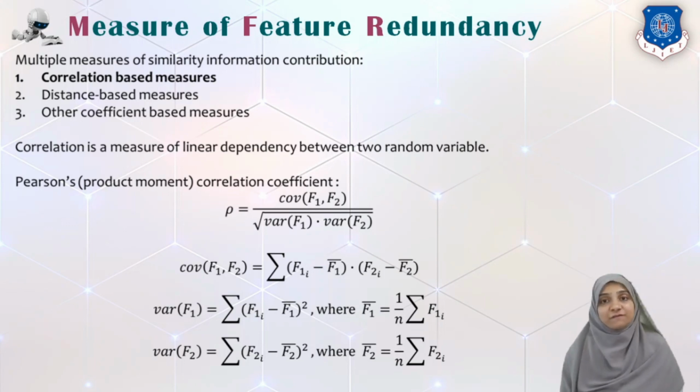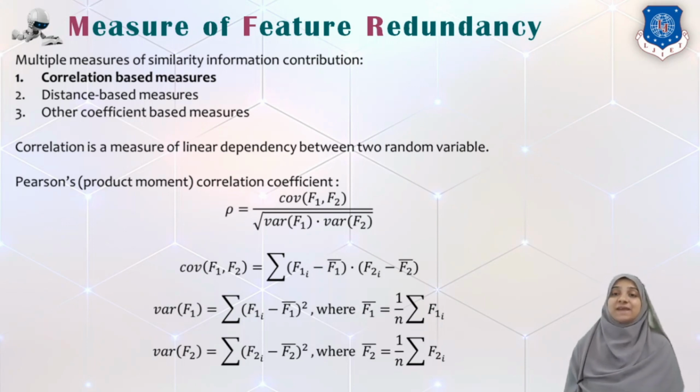Similarly, variance of f2 is calculated as summation of f2 of i, feature 2 value at some particular data point, minus feature 2 mean, f2 bar, whole square. We will add them, and I will get f2 bar as summation of all data points in feature 2 divided by the number of data points, that is n. So f2 bar will be 1 by n summation of f2 of i.